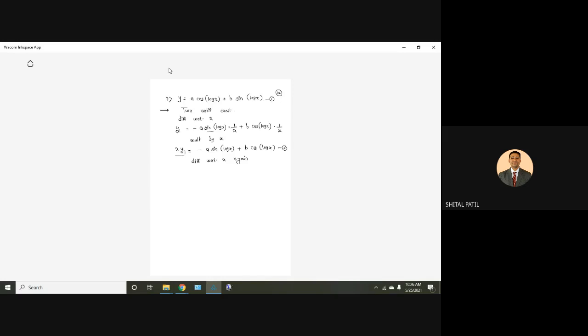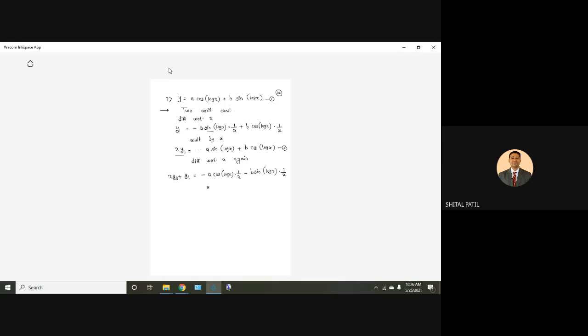So here we have to use product rule. x as it is, derivative of y1 is y2, plus y1 as it is, derivative of x is 1, minus A, derivative of sin is cos of log x, derivative of log x is 1 upon x, plus B as it is, derivative of cos is minus sin, therefore I written minus here, sin of log x into 1 upon x.